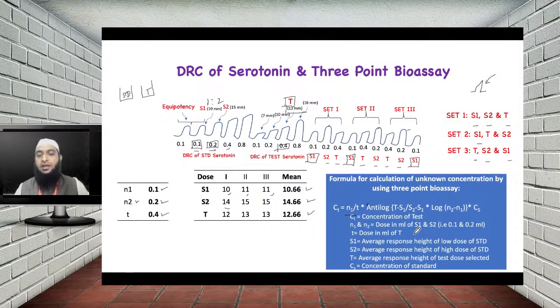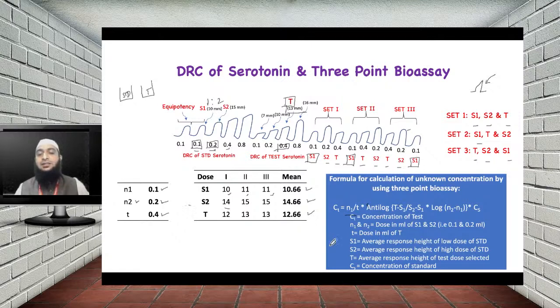Then what is S1? S1 is the average response height of the low dose of the standard. The low dose of the standard is 0.1 ml, and its average response height is coming to 10.66. Then S2 is the average response height of the high dose of the standard. The high dose of standard you have selected is 0.2 ml, and its average height is coming to 14.66. Then T is the average response height of the test dose selected, and it is coming to 12.66.